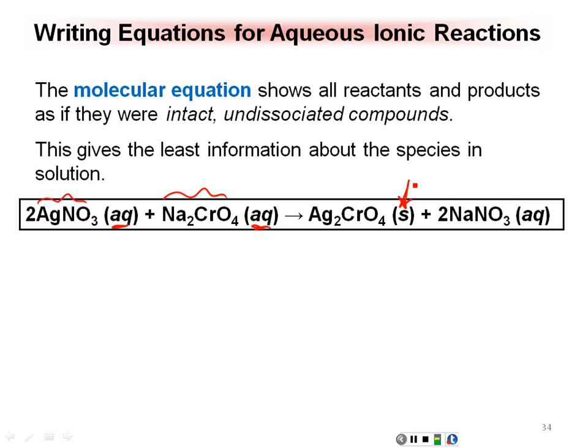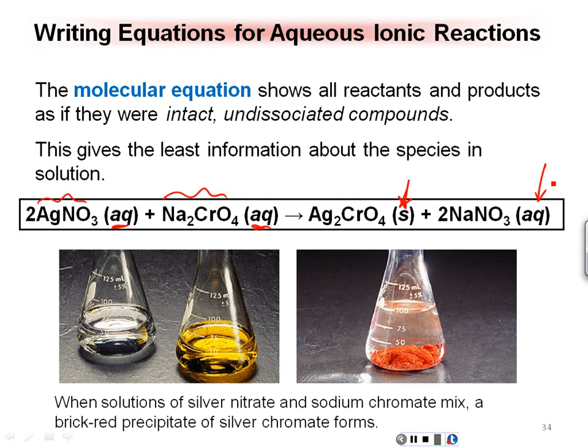So these are physical states of our compounds. And again, the sodium nitrate is aqueous. It's dissolved in water. So what does this look like? When you have solutions of silver nitrate and sodium chromate, they mix. You notice that a solid forms, and that solid is silver chromate.